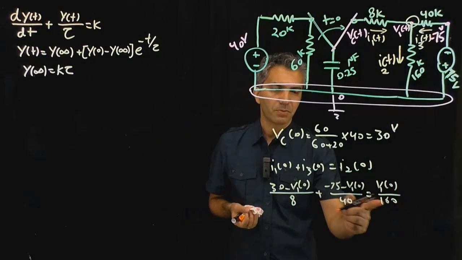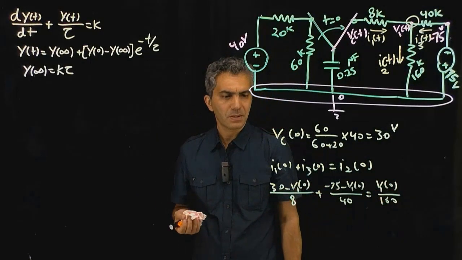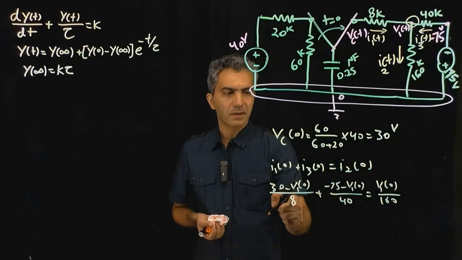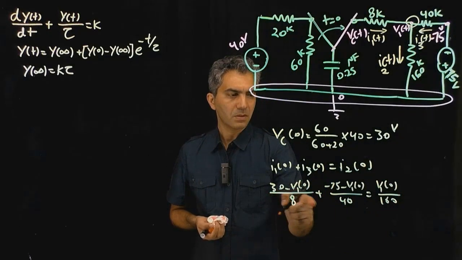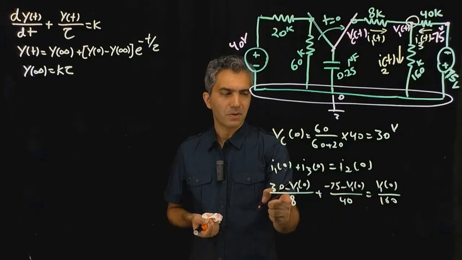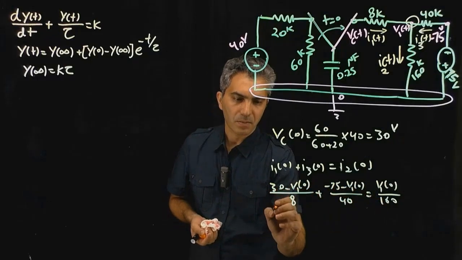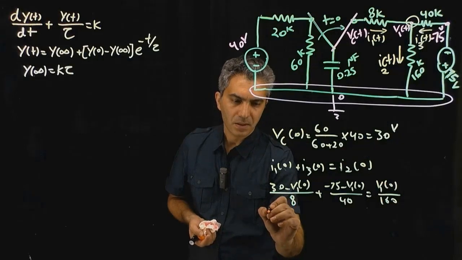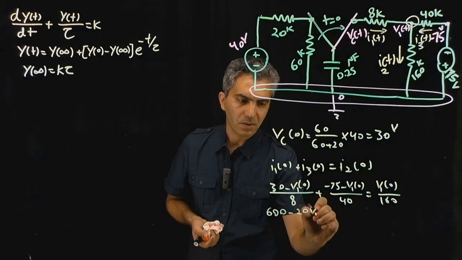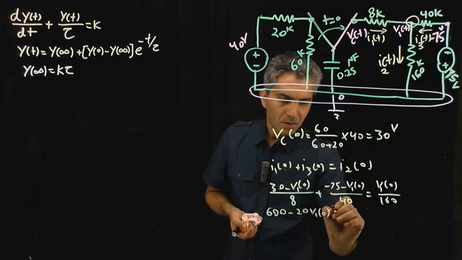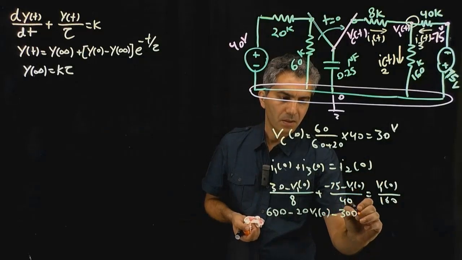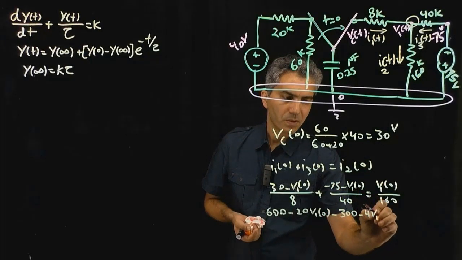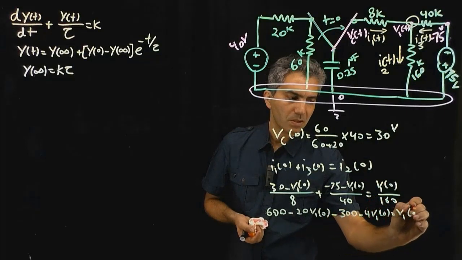Now multiply both sides by 160. 160 divided by 8 is 20, times 30, that's 600 minus 20 V1(0), minus 300 minus 4 V1(0) is equal to V1(0).